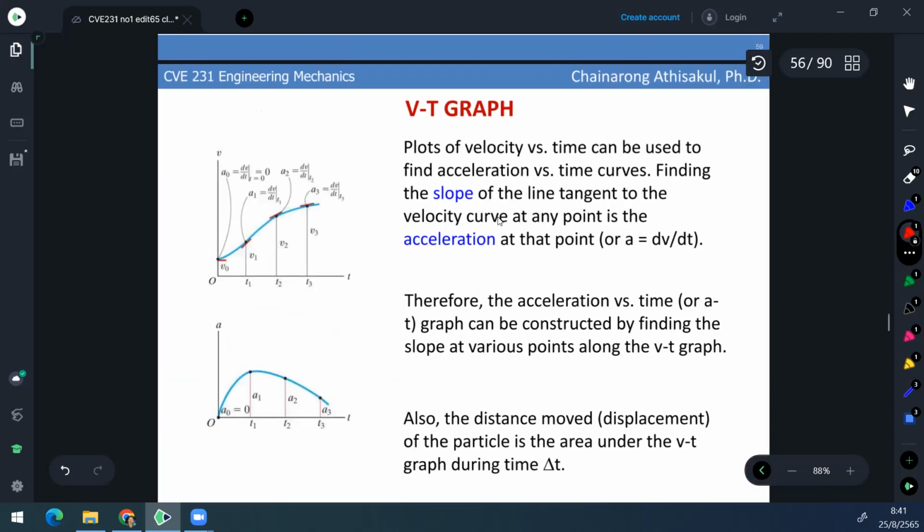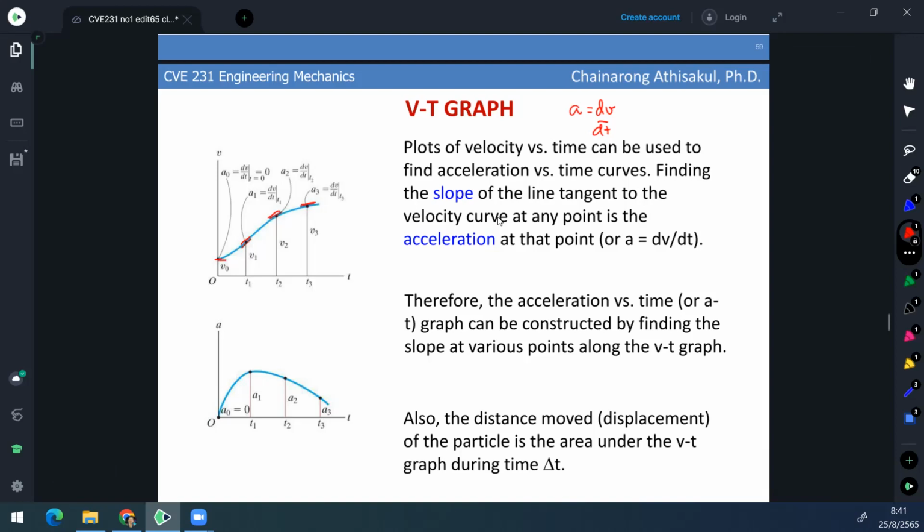Next, if we know the information for velocity and time instead, we can plot the v-t graph. If we recall the second kinematic equation, a equal to dv by dt, it means that the slope at any point of the v-t graph is the acceleration at that point, at that time.